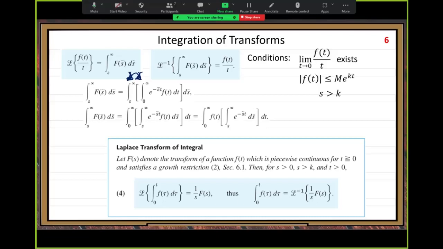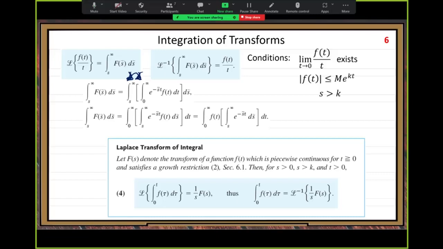The first one, outside from s to infinity, now becomes inside from s to infinity. We swap the order of these two integrals by the Fubini theorem, since the function is absolutely integrable. It's a powerful theorem.